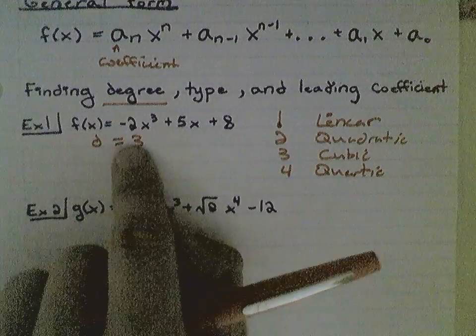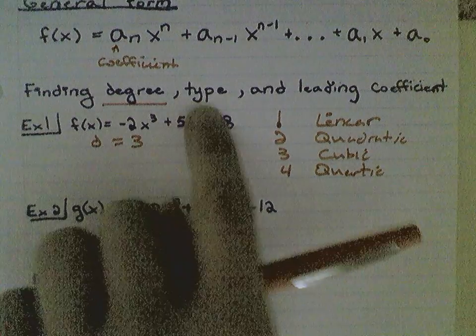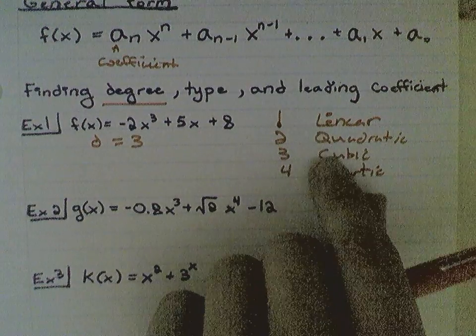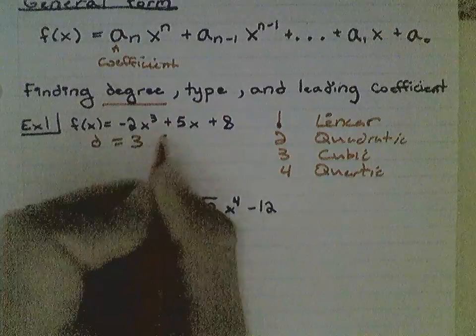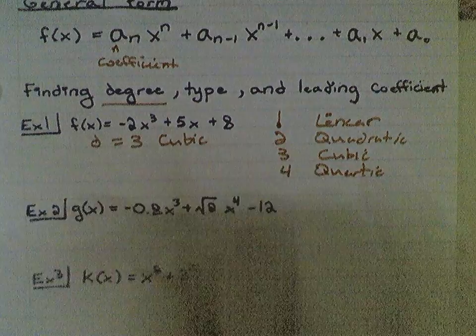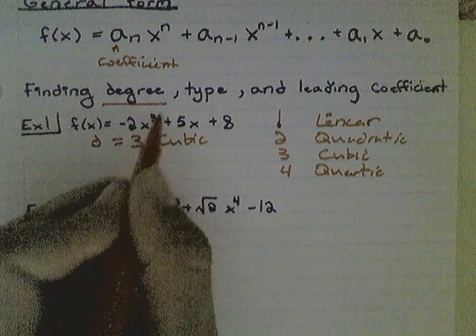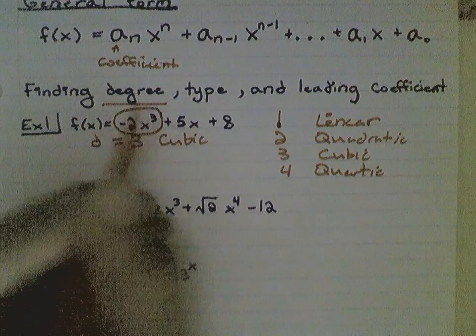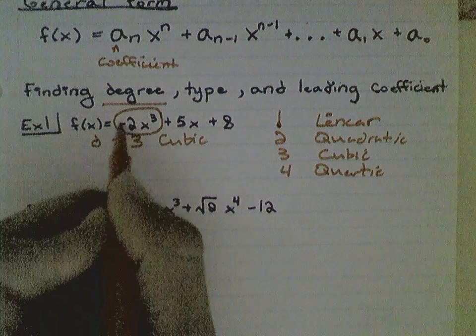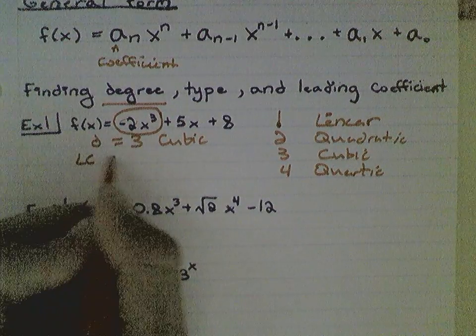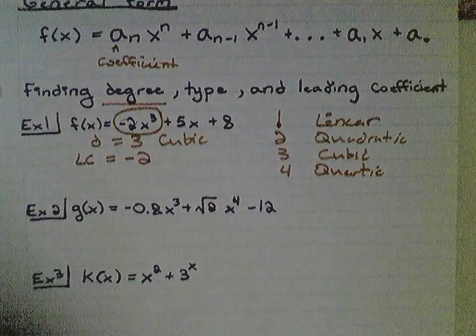Here we have degree 3, so I'd go to the third one. It's going to be called cubic. And then lastly, we want the leading coefficient, which is just the coefficient on your greatest degree. In this case, it's the -2. So my leading coefficient is going to be -2.